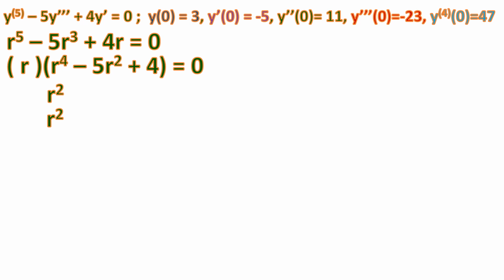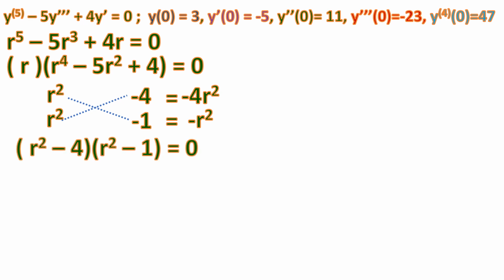R to the 4th is r squared and r squared. For 4, negative 4, and negative 1. Cross multiply to check we are doing it correctly. Negative 4r squared and negative r squared. If you combine them, that's the middle term, negative 5r squared. So our pairing is correct. So the factors are r squared minus 4 and r squared minus 1.